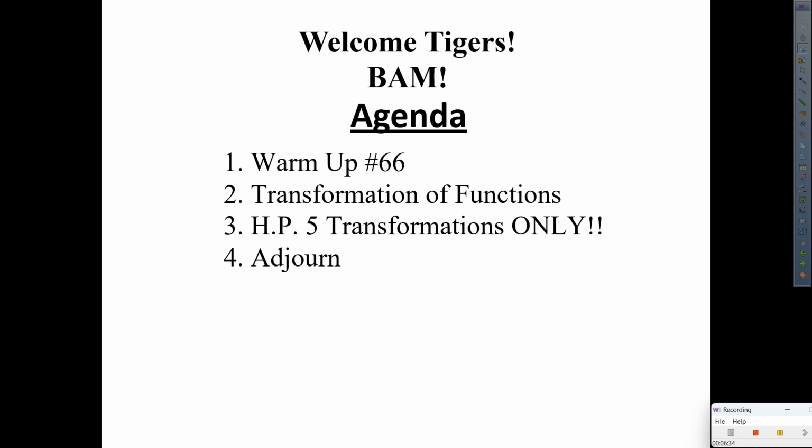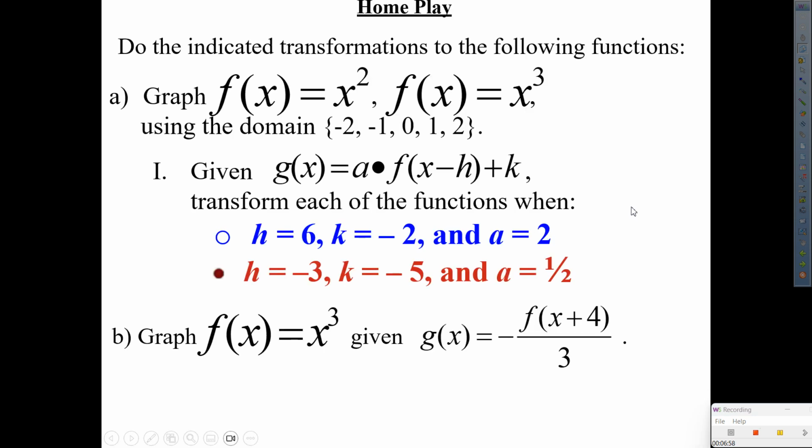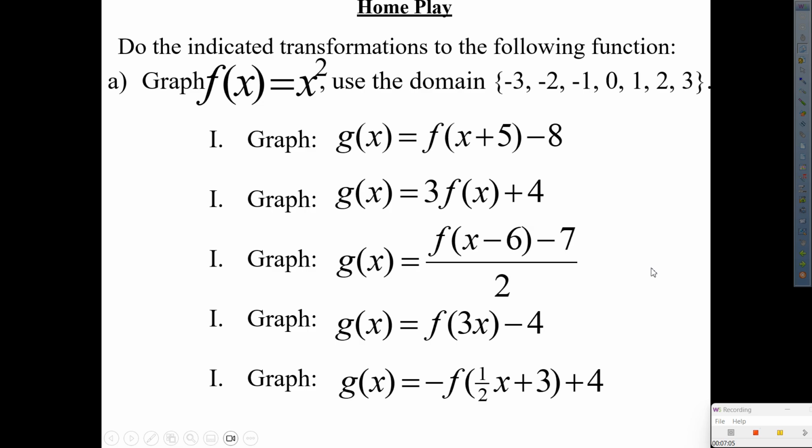IGWY6. All right. So last time we turned this in, it was 3 transformations. Tonight are these, 5 of them.